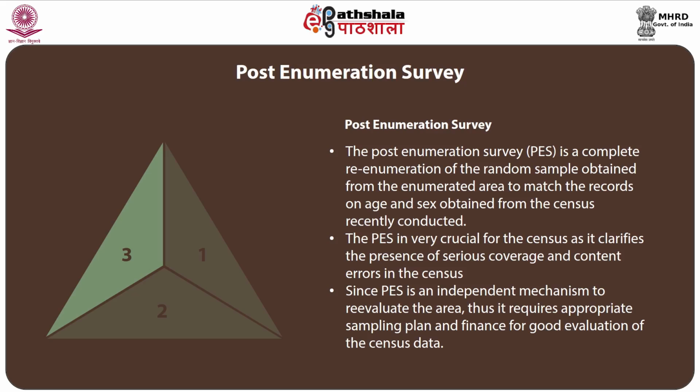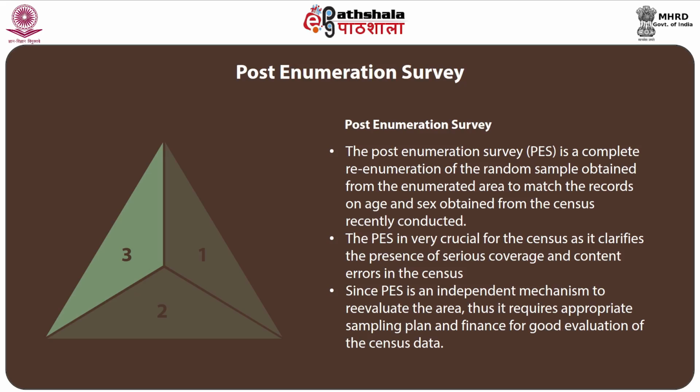The post-enumeration survey is very crucial for the census as it clarifies the presence of serious coverage and content errors in the census. Thus, various methods of adjustment for the age-sex data can be applied once errors are detected through the census age-sex post-enumeration survey.